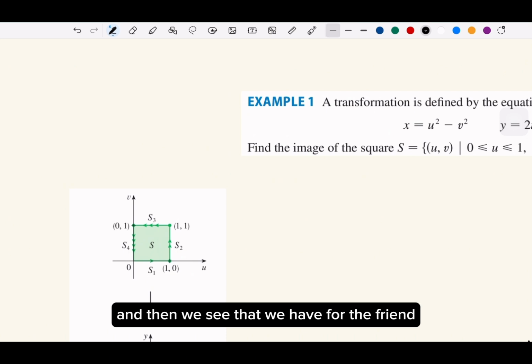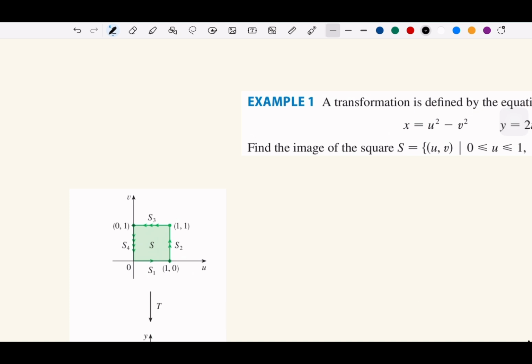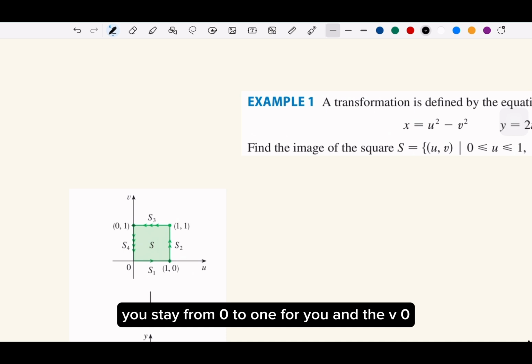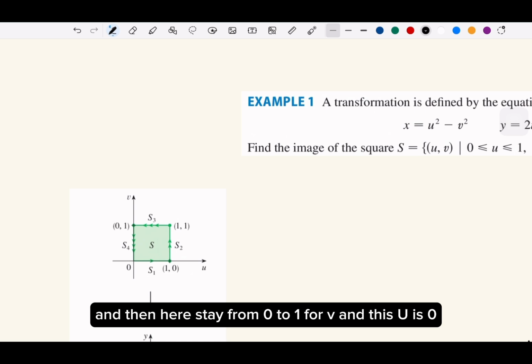Okay. And then we see that we have 4 different paths, right? The first one is S1, where we go from 0 to 1 for U and V is 0. Here V goes from 0 to 1 and U is 0, and the same thing with the others, so we have these four paths.